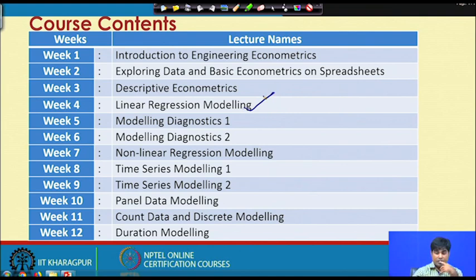In the linear regression modeling we will discuss various aspects of structure, starting with the simple one and the complex one, followed by unit 5 and unit 6, where we will discuss various aspects of model diagnostics, and then we will have some testing and something like that, and then we will address the particular requirement.